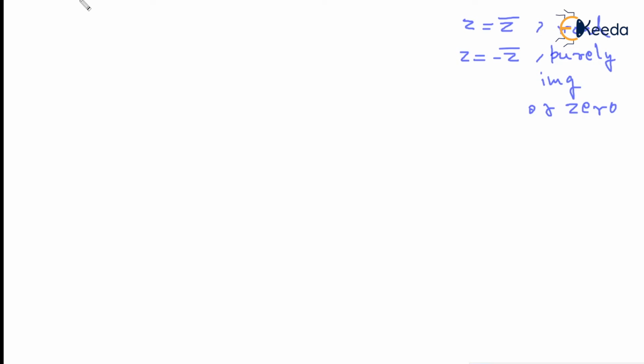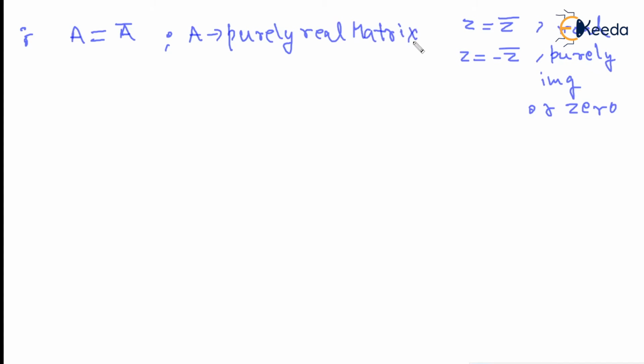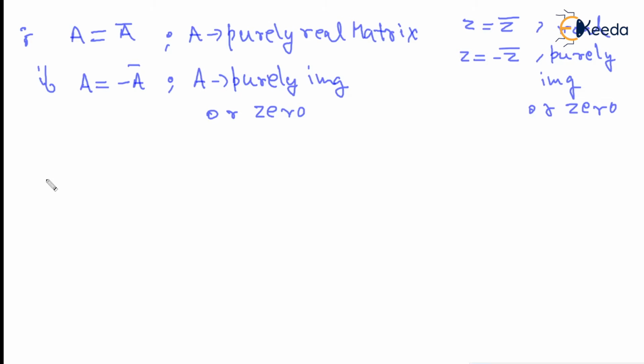Similarly, if we have A equal to A conjugate, this means A is a purely real matrix, and if A is equal to minus A conjugate, it is purely imaginary or maybe 0, right?